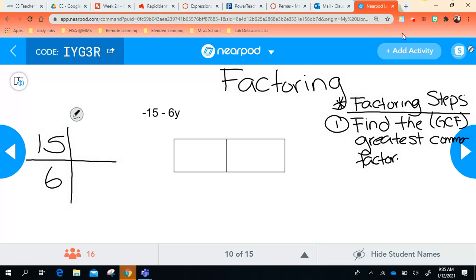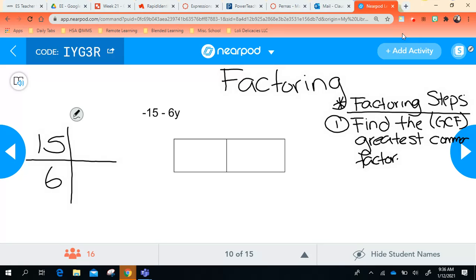So, numbers that multiply together to give me 15. A few tips. Let's say you're not sure what numbers multiply together to give you 15. Well, in your notebooks, remember, you have these. You also have these. If I want to see what numbers multiply to give me 15, I can just check on my answers. Are any of these giving me 15? Oh, yeah. 5 times 3 gives me 15.